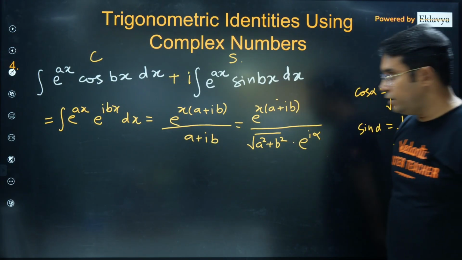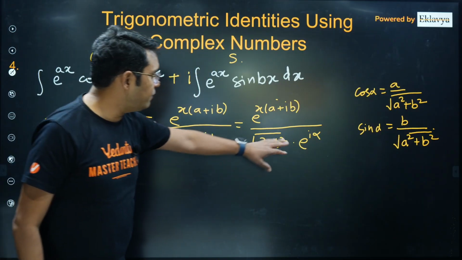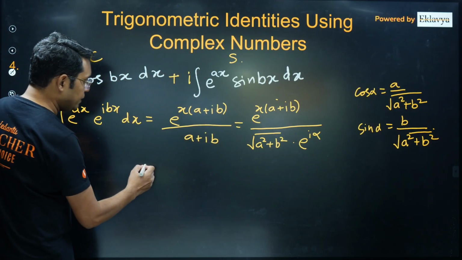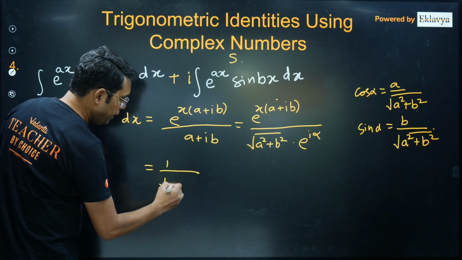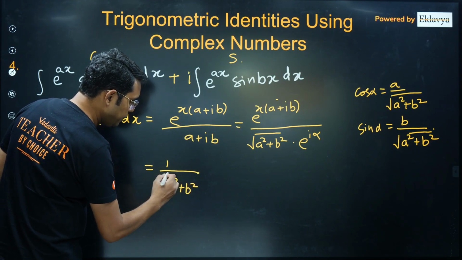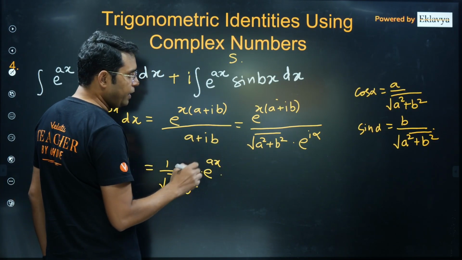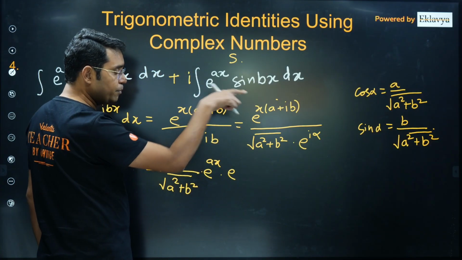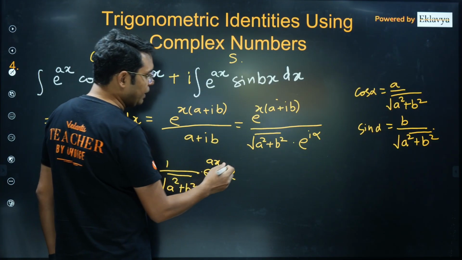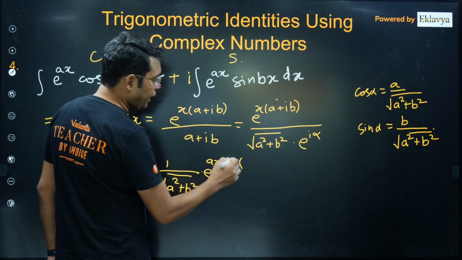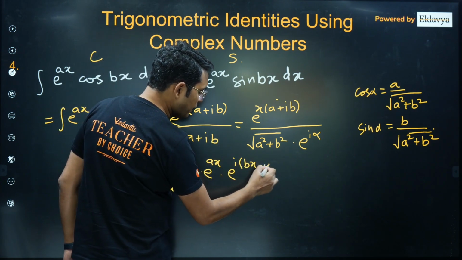I will take this in the denominator directly because that way it will be easier to do. So this becomes equal to 1 upon root over a² plus b² into e^{ax}, which we can write separately, and the portion where i is there in the power we can write separately. So e^{i(bx − α)}.